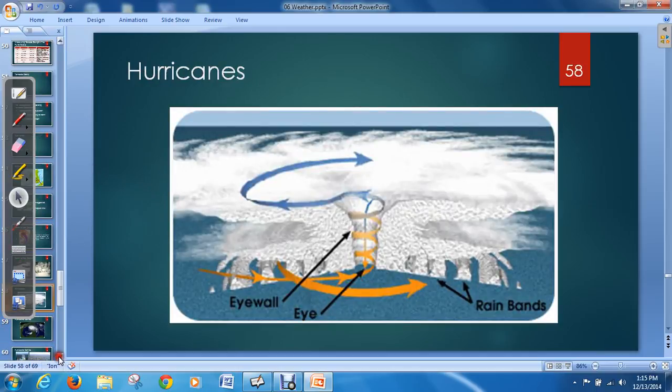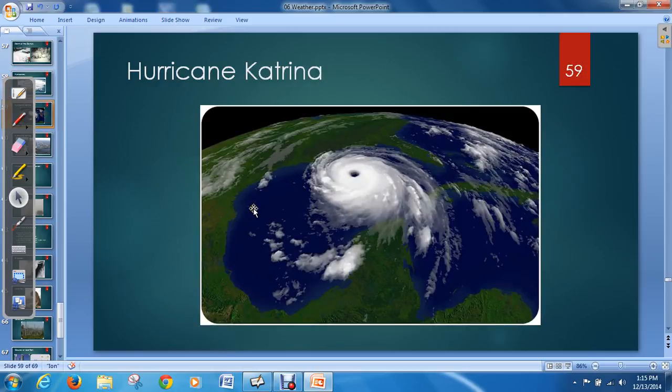So let's look at hurricanes, or cyclones. Again, if you look at what a hurricane looks like, you can see it's very similar to a tornado in its structure, but it also brings this large amount of moisture from the water below. Here's an aerial view.